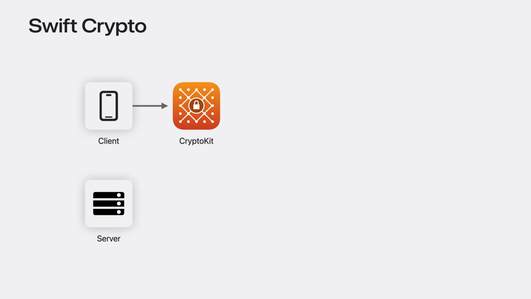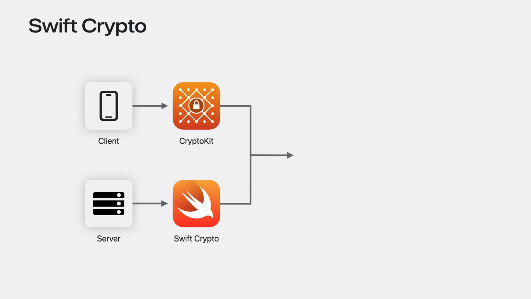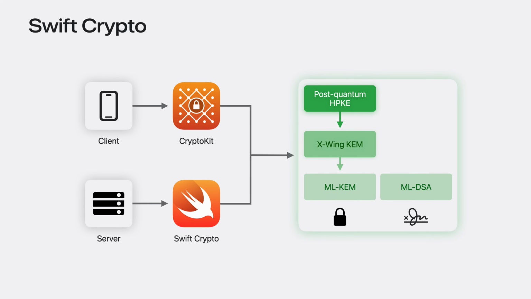Some protocols require cryptographic interoperability between the client and server. One of the easiest ways to support this is to use Swift Crypto on the server. Swift Crypto is a Swift library that provides API compatibility with CryptoKit for servers to ensure seamless development. This includes server compatibility for all the quantum-secure APIs that CryptoKit supports in iOS 26.